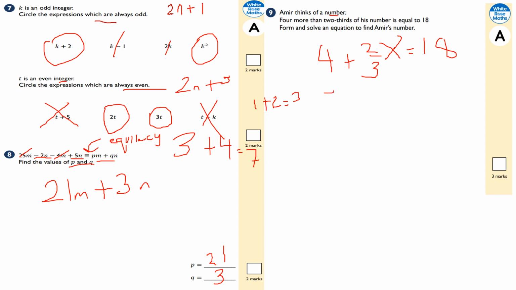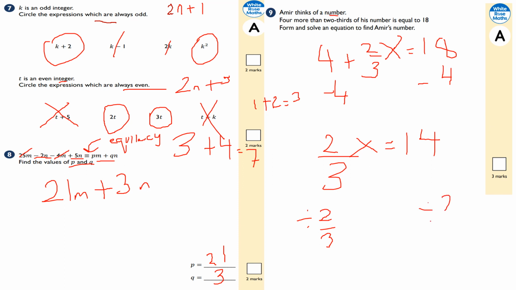So I'm going to subtract 4 on both sides to balance the equation. So I have 2/3 X is equal to 14. I'm now going to divide both sides by 2/3. Remember guys, dividing by a fraction, you are multiplying by its reciprocal.